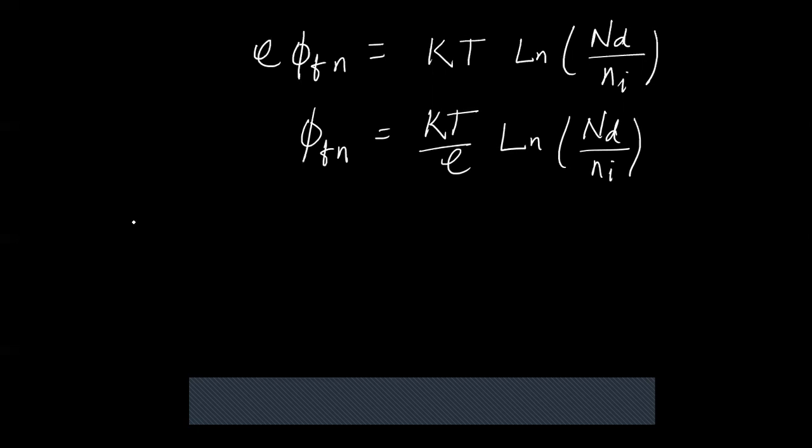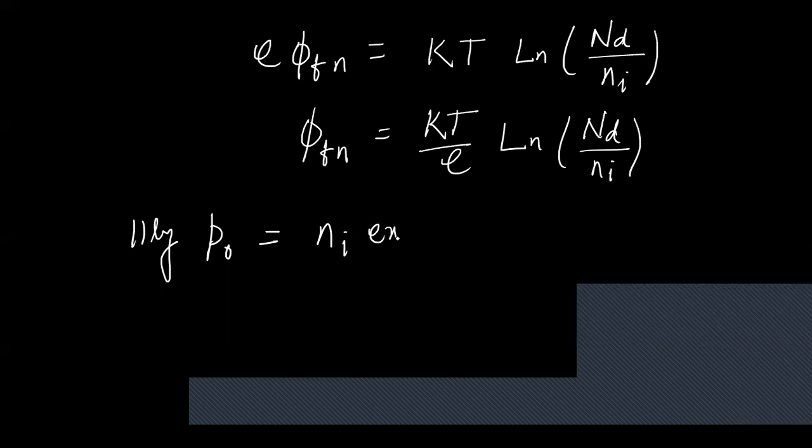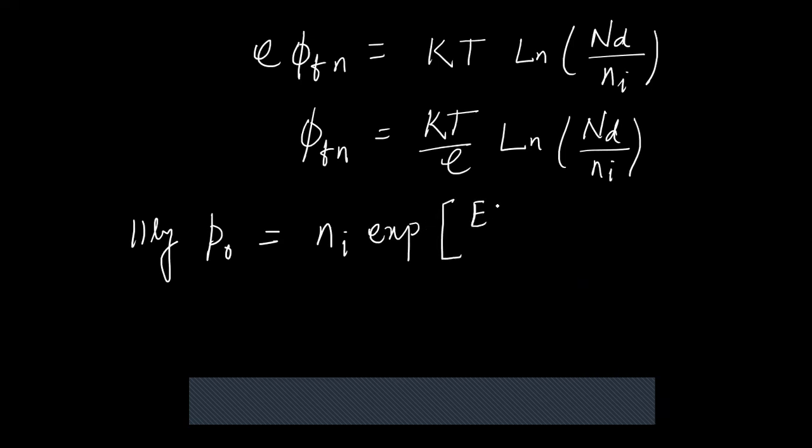Okay, so similarly, if you want to write the hole concentration in the p-type material, you can write it in terms of the intrinsic carrier concentration times the exponential of (EFi minus EF). That gives you exactly the same shift in the Fermi energy level.